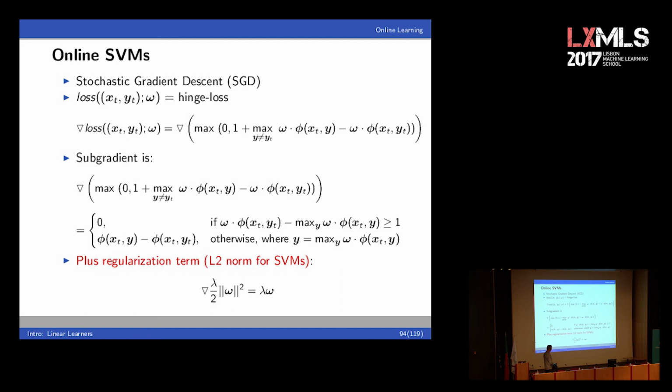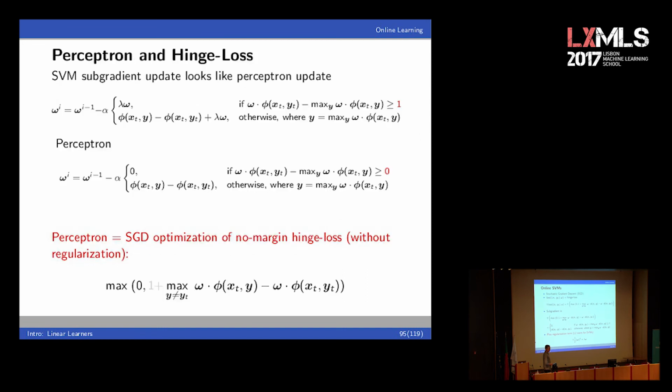Yeah? The gradient of lambda over 2 times the squared norm is lambda times w. So if at each update you make this decision, error or not, update by changing the feature vectors and adding this regularization term, you have a very simple algorithm, an online version of the support vector machine.